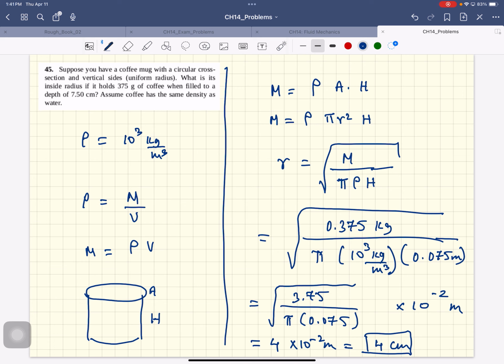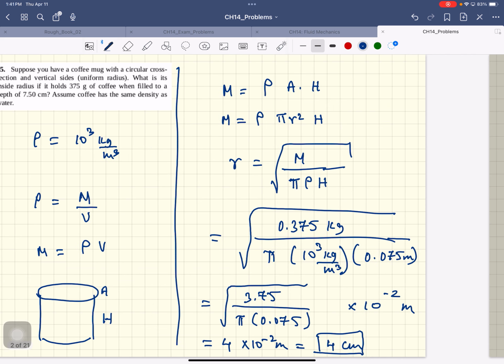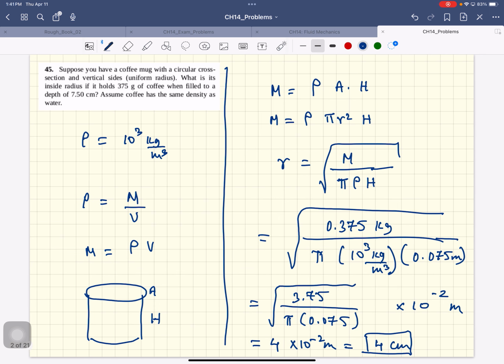So that's the radius of the cup. Okay. Any questions on that?